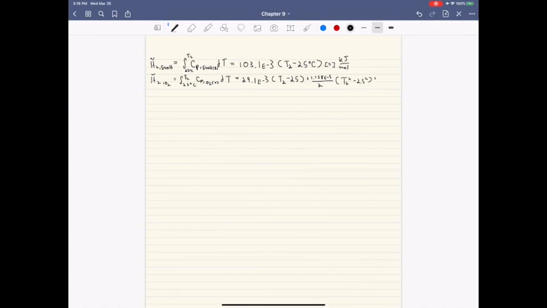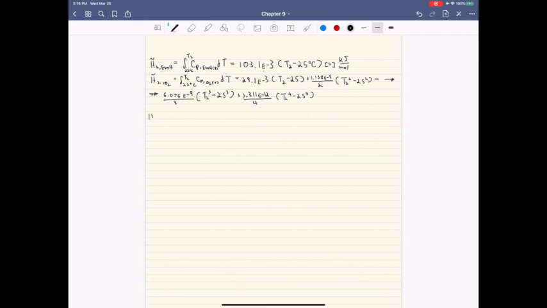And then the next term is negative, and what we have is 6.076 e to the negative 9 divided by 3, T2 cubed minus 25 cubed. Right, and then plus this T to the fourth term. Right. So that's the specific enthalpy for oxygen.